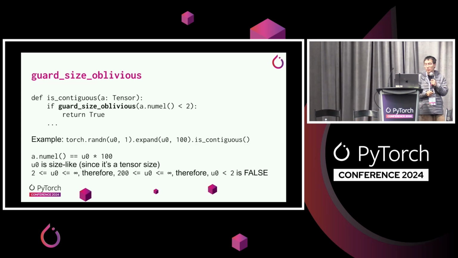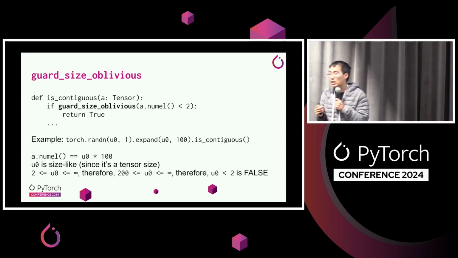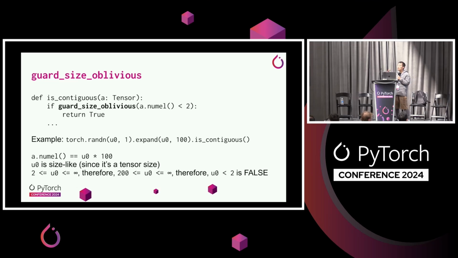And so, for example, going back to the expand example, how do I know what the value of this expression is? Well, if I'm running this on a U0 by 100 tensor, the number of elements is a symbolic expression U0 times 100. So U0 is size-like because it's a tensor size. Because I'm in a size-oblivious test, I will assume that it is not 0 or 1.